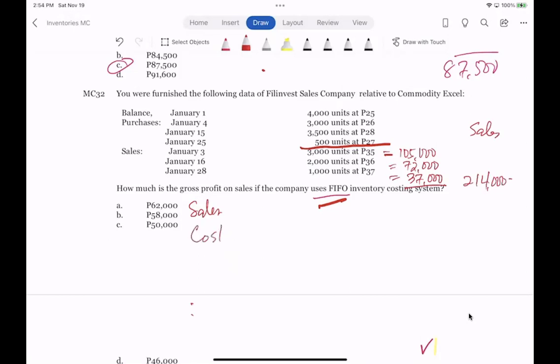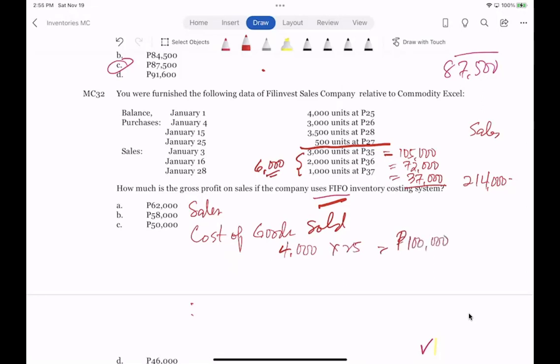Okay, the cost of goods sold. Because this is FIFO, the first items purchased would be coming from the earliest acquisition or earliest stock, and total items sold were 6,000. Therefore, your cost of goods sold will be valued first 4,000 times 25, so that's 100,000.